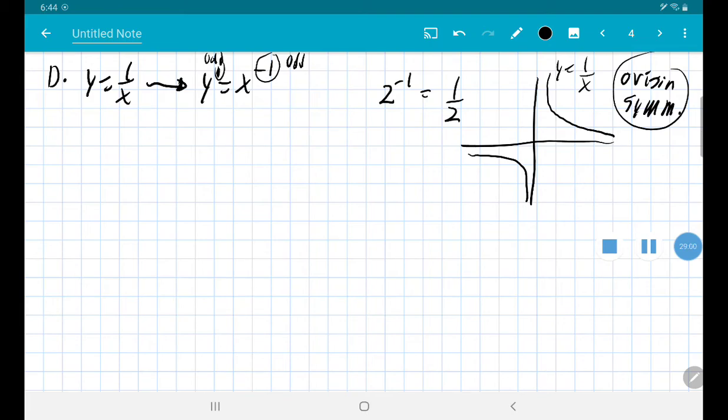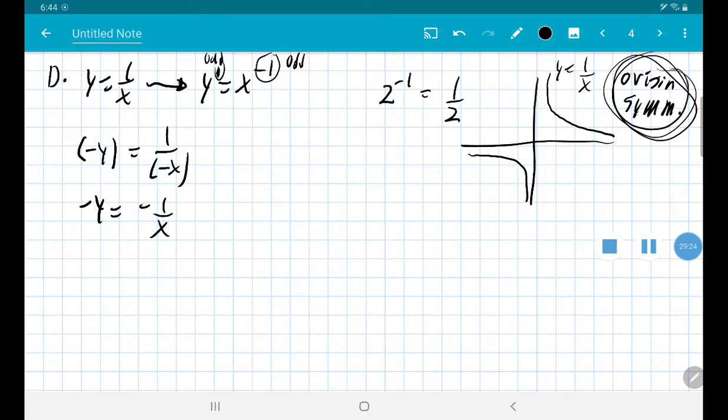If you want to test it, again, I'm hoping that what you can see is what's going on before you actually find it. So if I want to test it for origin symmetry, I will replace y with -y. I will replace x with -x, which gives me -y equals -1 over x. So yeah, see, the origin worked, didn't it?